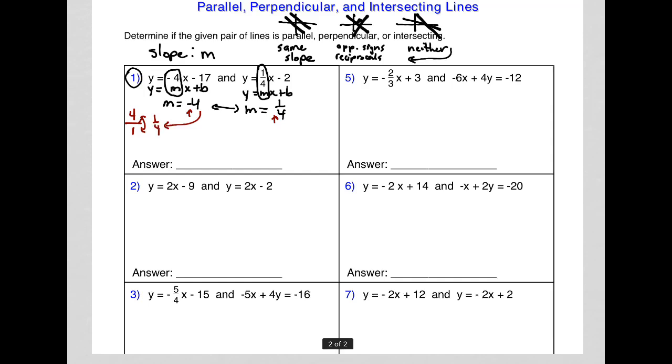Yes, it would be. It would be 1/4 if you flipped it over. So therefore, they have the opposite signs and they have the reciprocals. And remember, it has to be both. They have to have both going on. So therefore, since we have opposite reciprocals, we do have perpendicular lines.